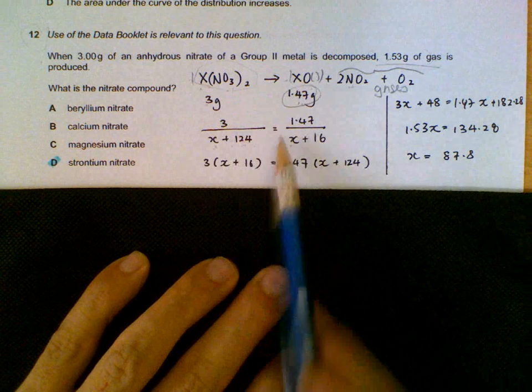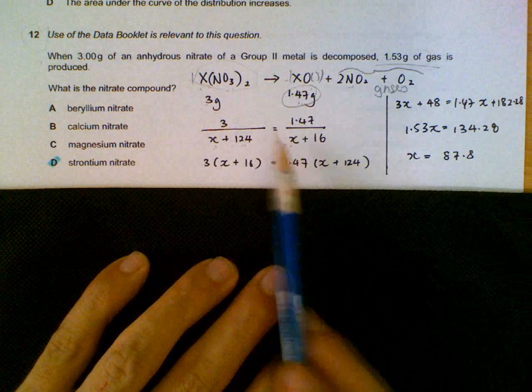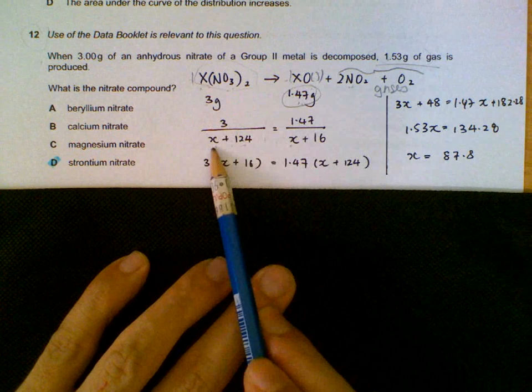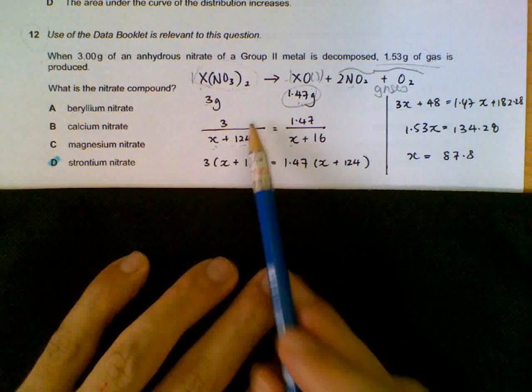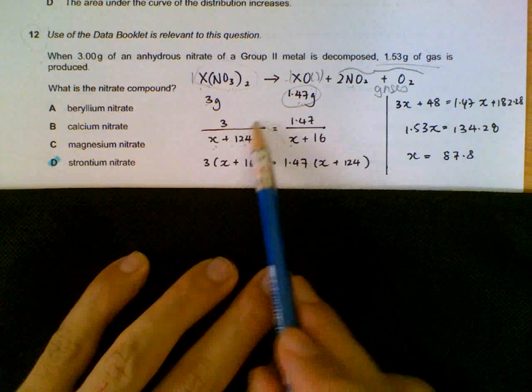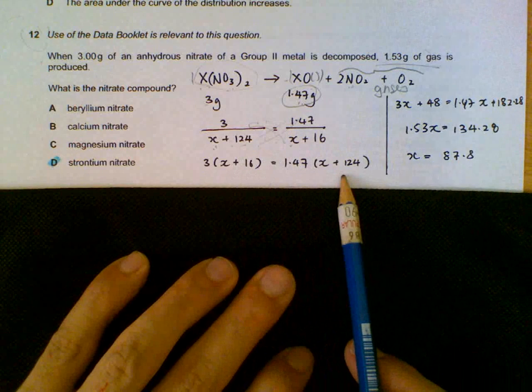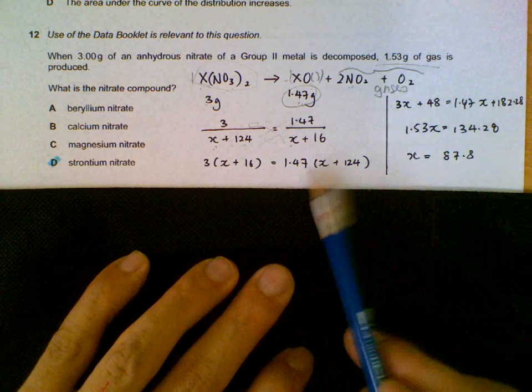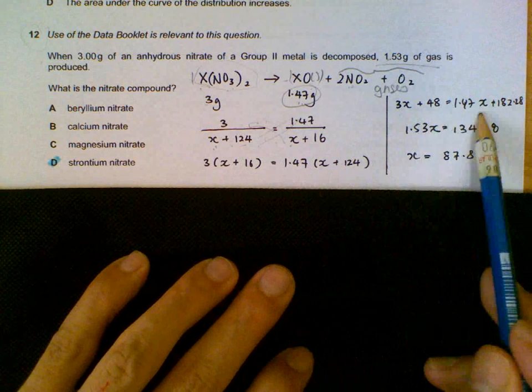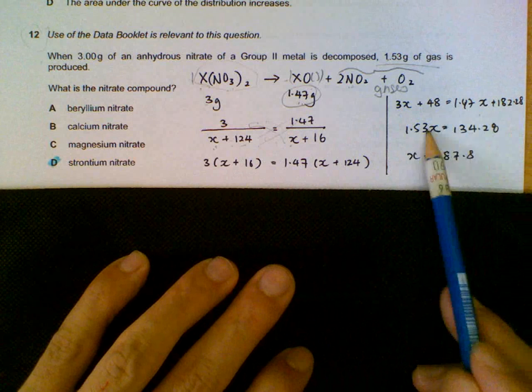Once you have this equation, it's just simple mathematical manipulation to find the unknown X. We can cross multiply, bring our denominators to the top, open up the brackets, and then solve for X.